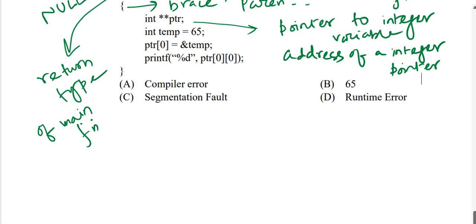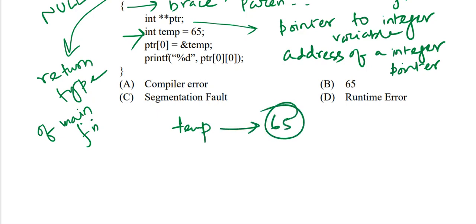Okay, and in this part, the next line will declare an integer type variable. Let's take an integer type variable temp that will hold the number 65. This is also integer type.